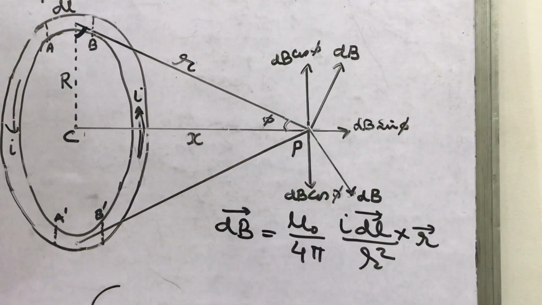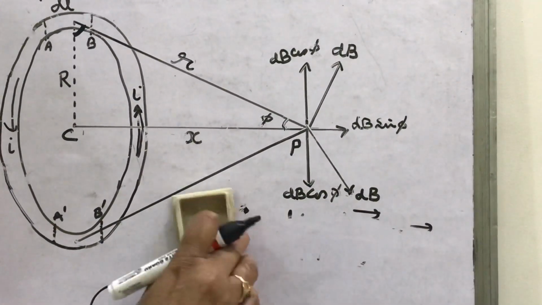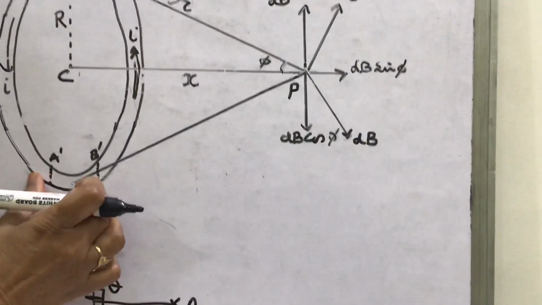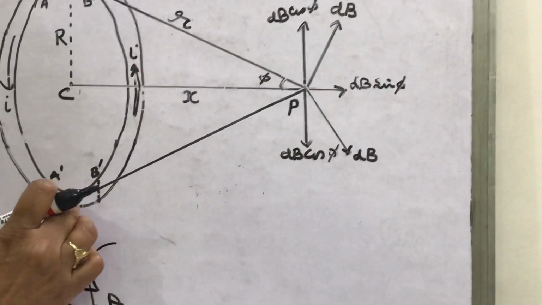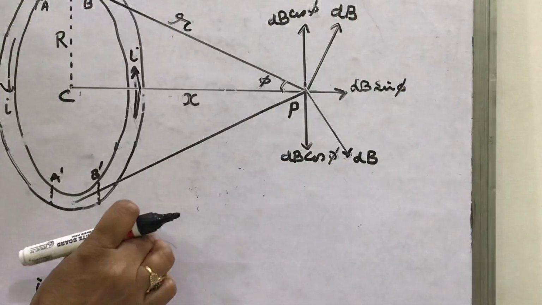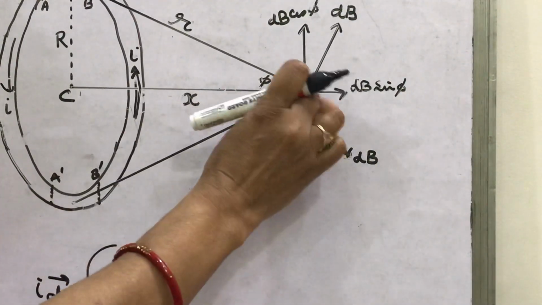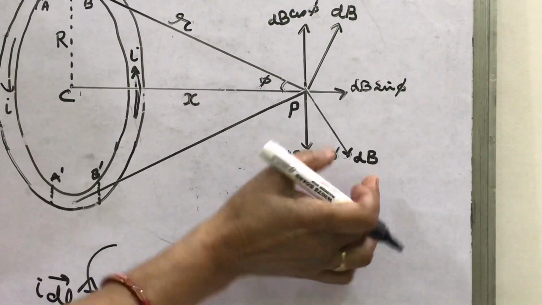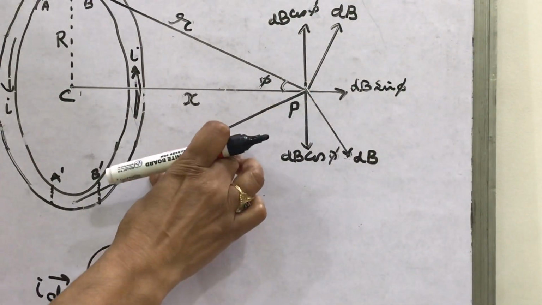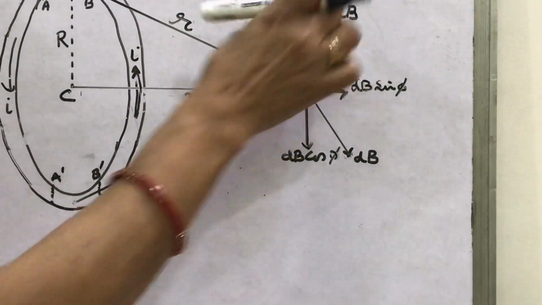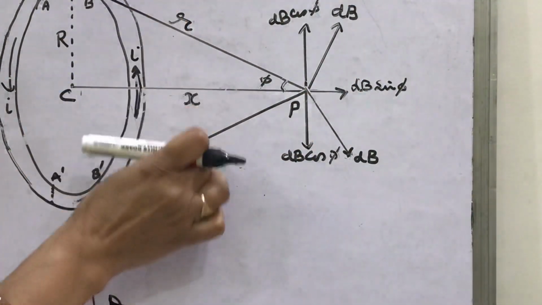In the same way, for the vertically opposite element, if you join this element with the point P, then perpendicular to the line, again the magnetic field will be dB. This dB is perpendicular to this line, and this dB is perpendicular to this line. What are these two lines?